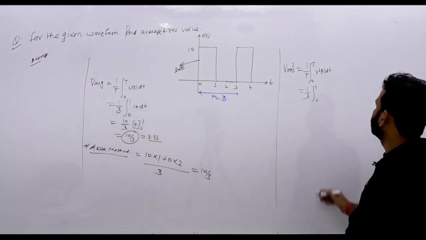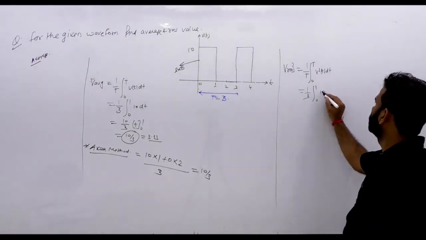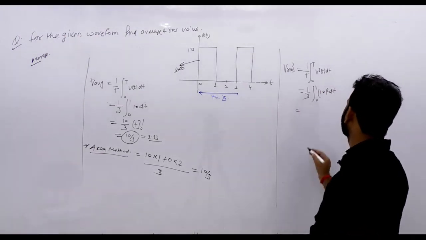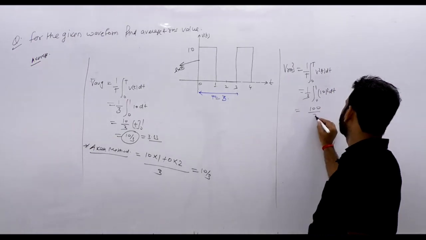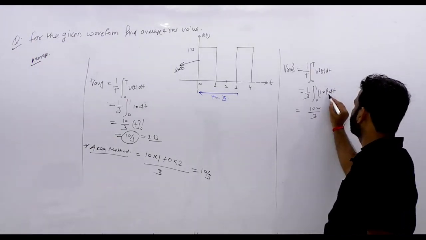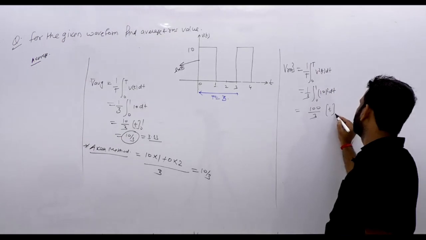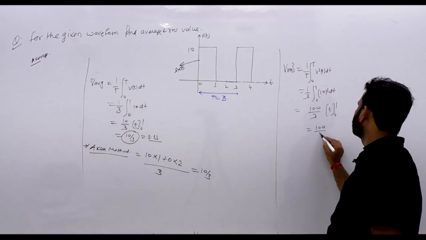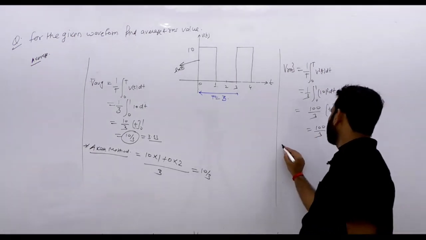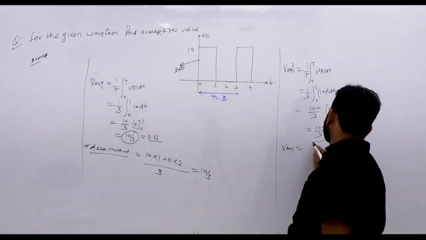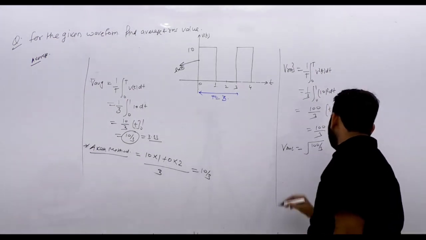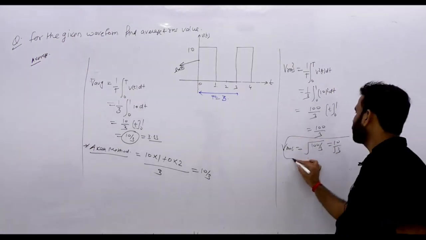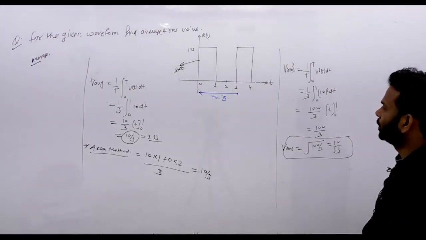Then we have 10 square dt. So we have 10 square, that is 100 upon 3, and the integration of 1 with respect to t is t, so from 0 to 1 it is 100 upon 3. So V RMS equals root of 100 upon 3, which I can write as 10 upon root 3. Am I correct? Yes.